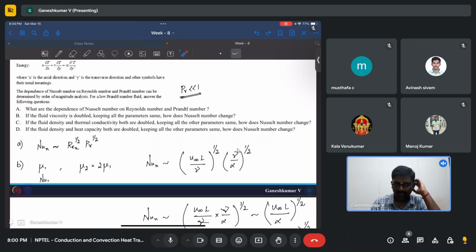You can check the textbooks for learning more about them, but it's just finding your proper problem, what is the problem that you're trying to solve, and finding an appropriate correlation from the literature, from previous experiments, and then solving your heat transfer.